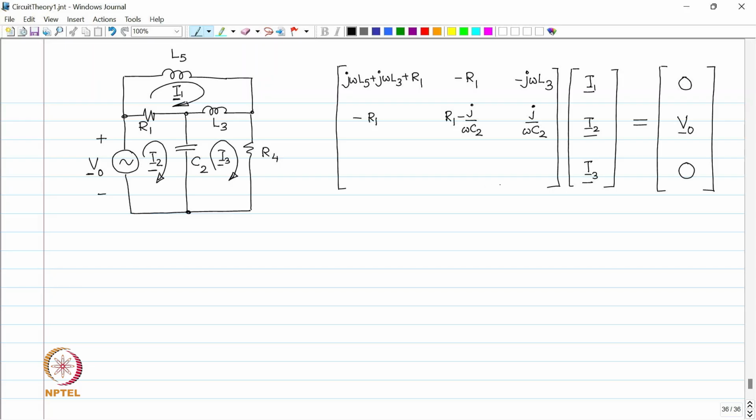Third column: minus j by omega C 2 plus j omega L 3 plus R 4, and corresponding to the second column and first column, minus j omega L 3. Yeah, 1 by j is minus j. Is it okay?